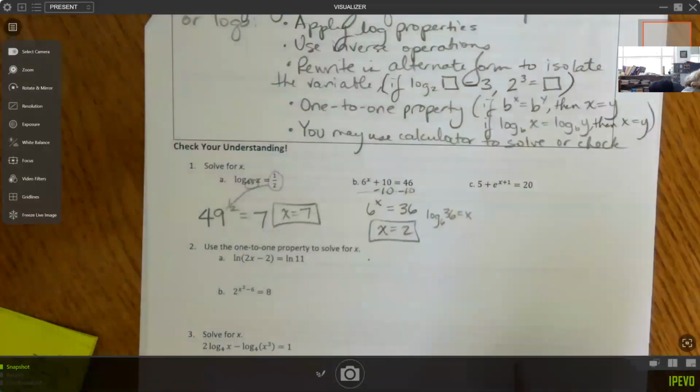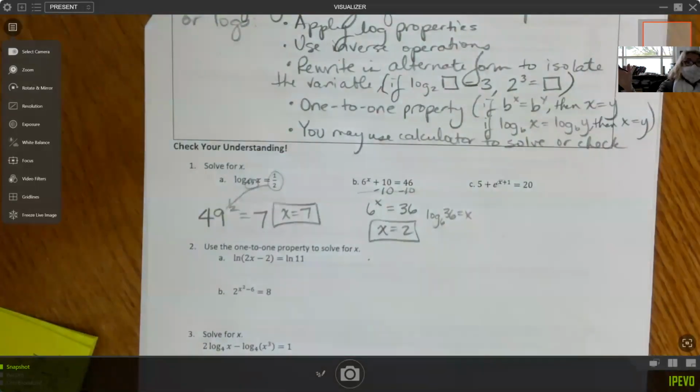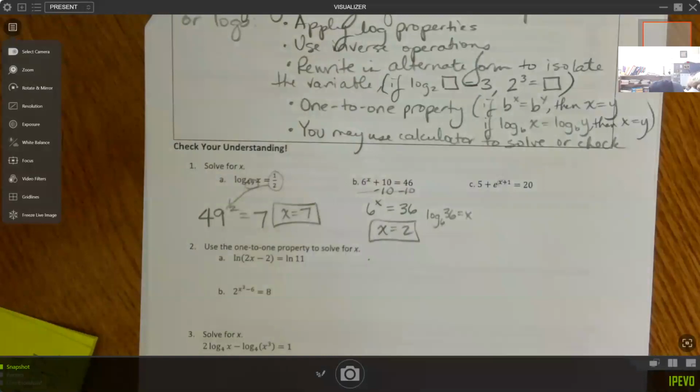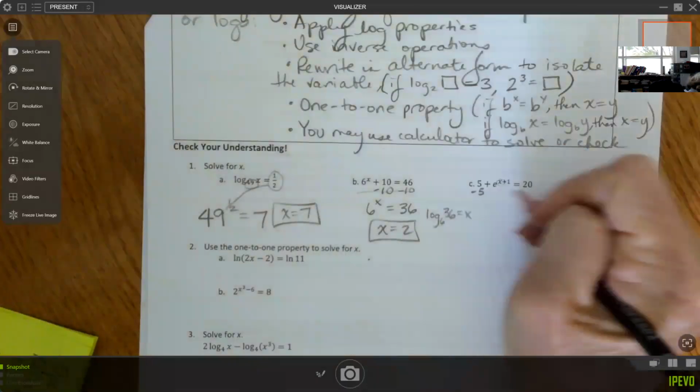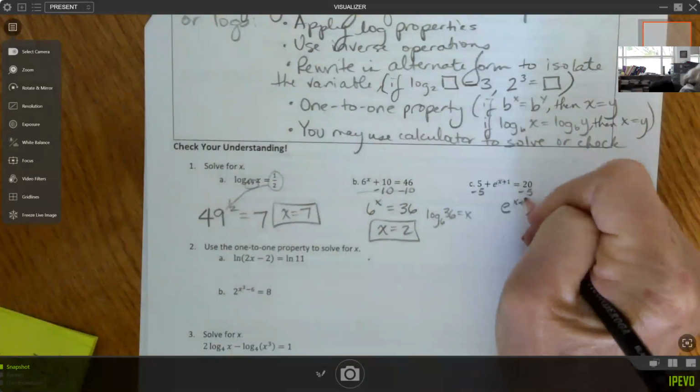Okay, so this next one, again, it looks kind of hard. It's got e, it's got a 2-term exponent, but we'll just persevere. We've got this, right? So the first thing we do is we're just going to subtract 5. Okay, it looks so much better already. e to the x plus 1 equals 15.